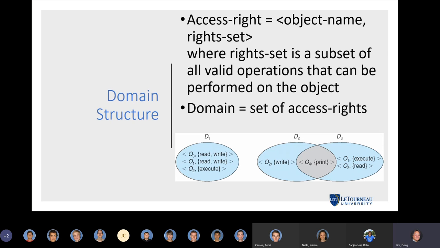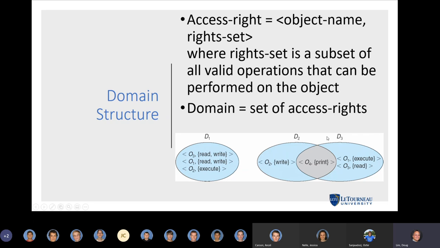So here we have domain structures. So you have 3 domains, D1, D2, and D3. And as part of each domain, they're given various privileges. So on objects O3, O1, and O2, we're giving various permissions. On O3, you get read write in domain 1, but only execute on O2.